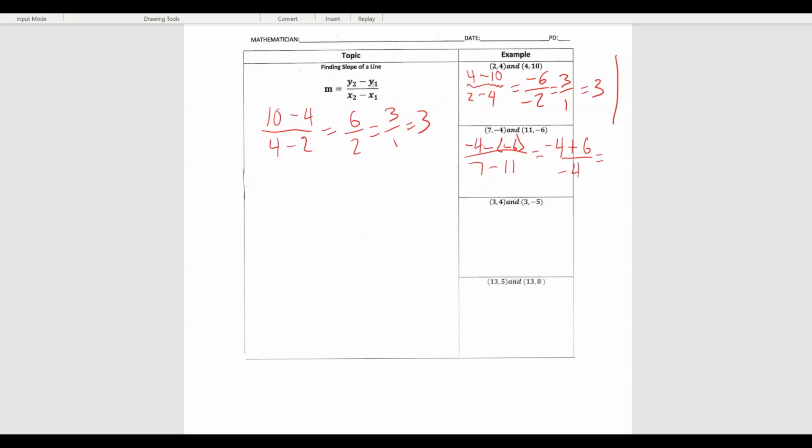So I get 2 over negative 4, and we can just simplify that to negative 1/2. You can put that negative sign wherever you want. Put that negative sign with the 1, with the 2, or just simply on the outside there. Okay, negative 1/2.